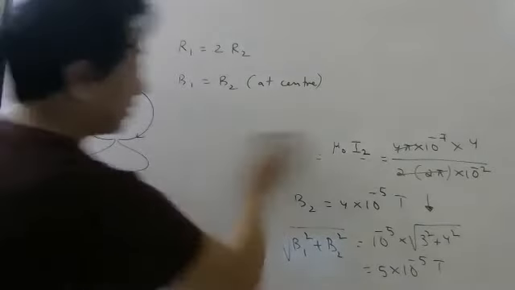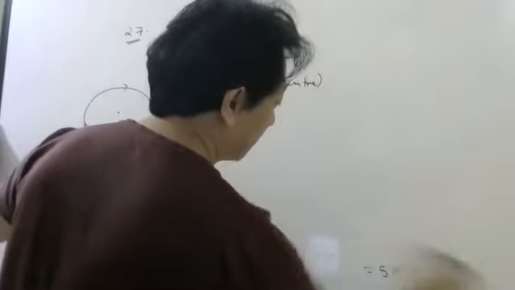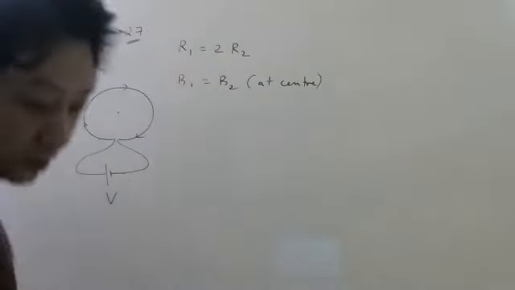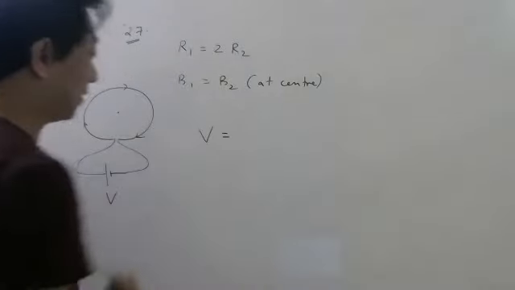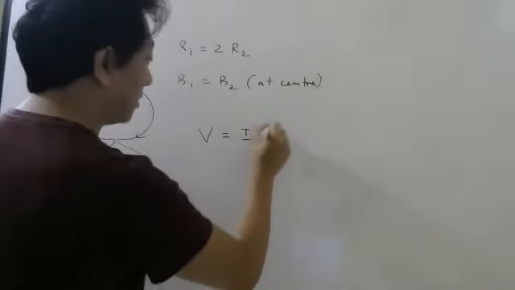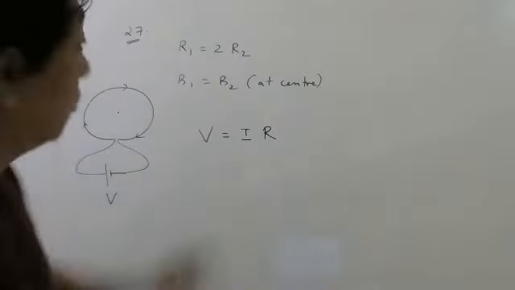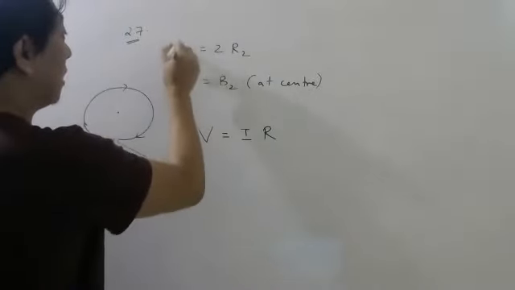So they are saying the magnetic field is the same, they want the potential difference. So let us think what will be the potential difference across these two points. That will be current into resistance. Now we have to be careful with R1, R2. So let me write small r1 for radius.